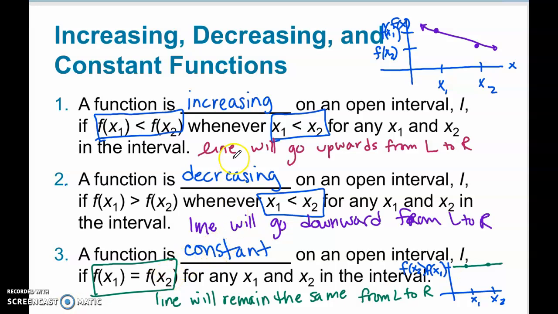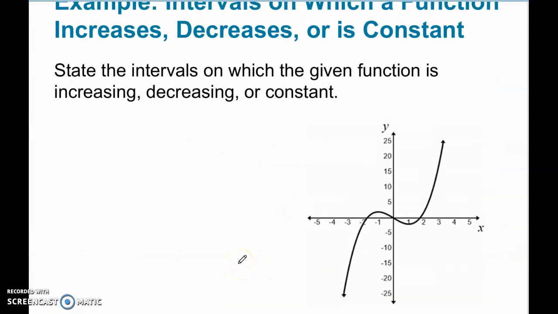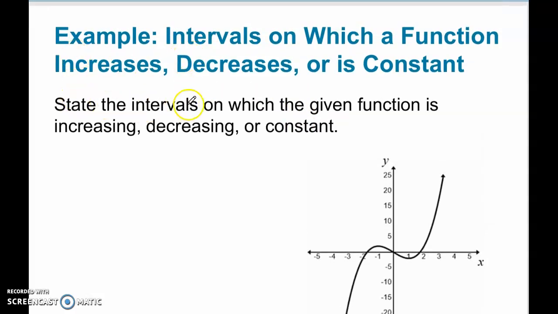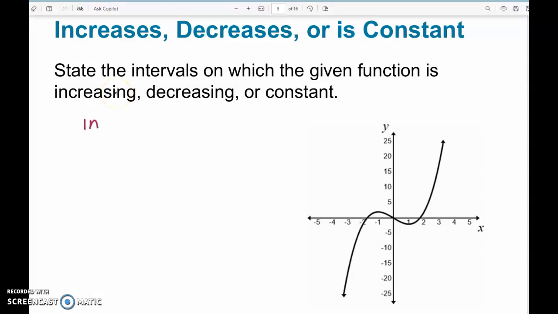All right, so now let's take these definitions and let's see if we can apply it to this function that we're given. We want to state the intervals on which the given function is increasing, decreasing, or constant. So I'm going to look for increasing first.